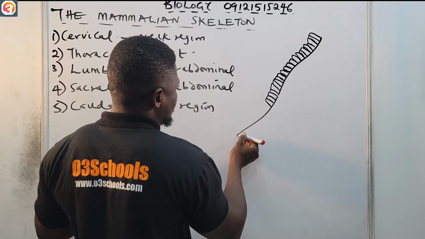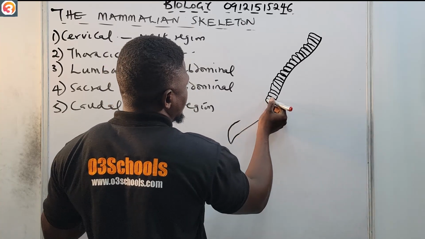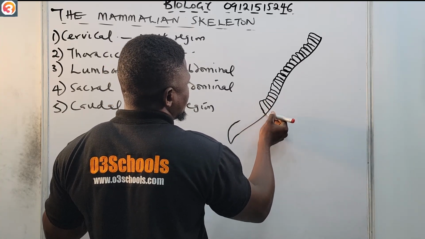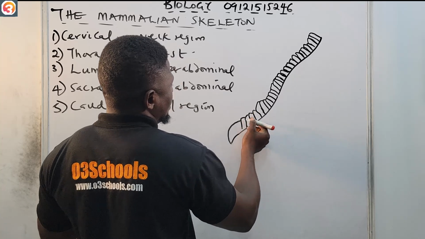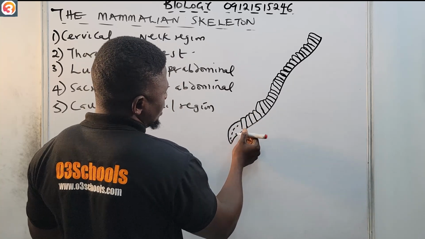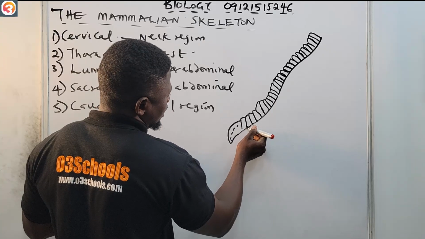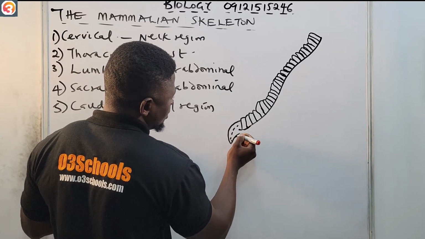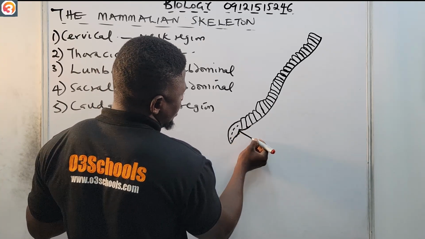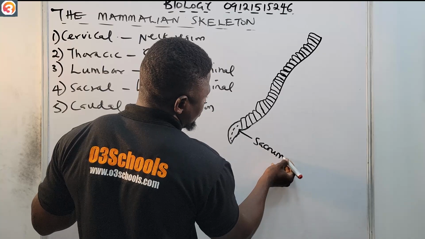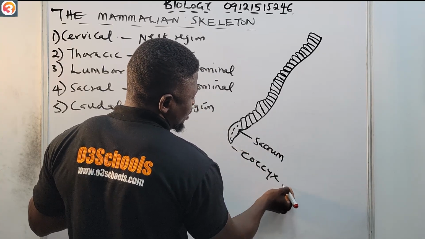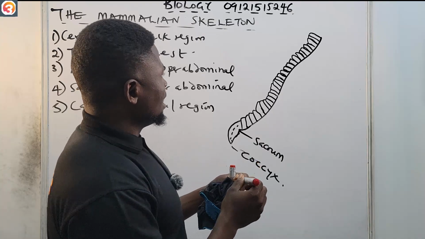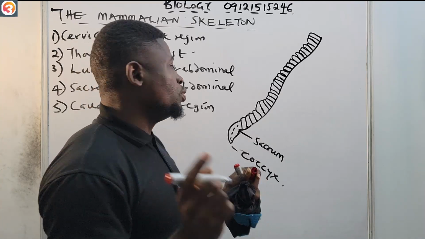Then somewhere here, we have this point. Here is the sacrum. Here is the coccyx. So now this is how your vertebral column is, your own, not my own.